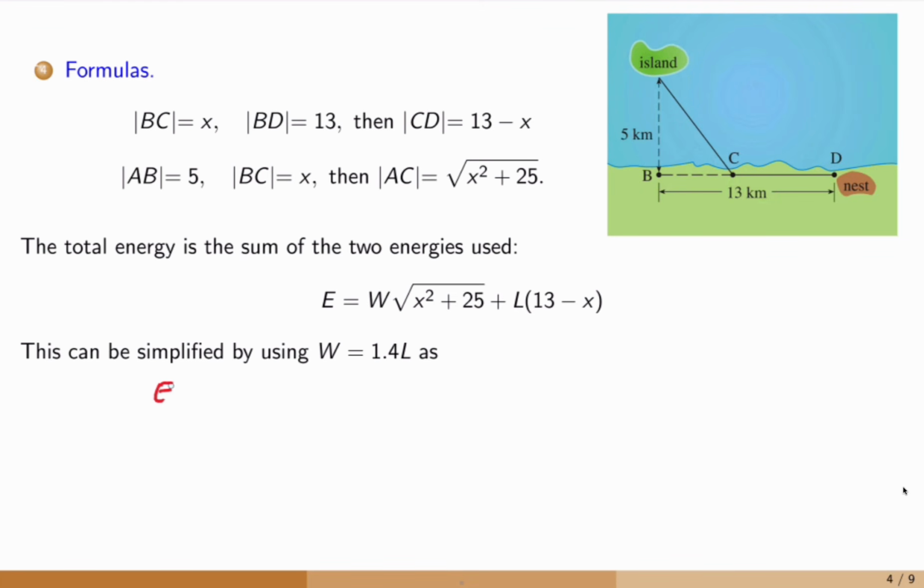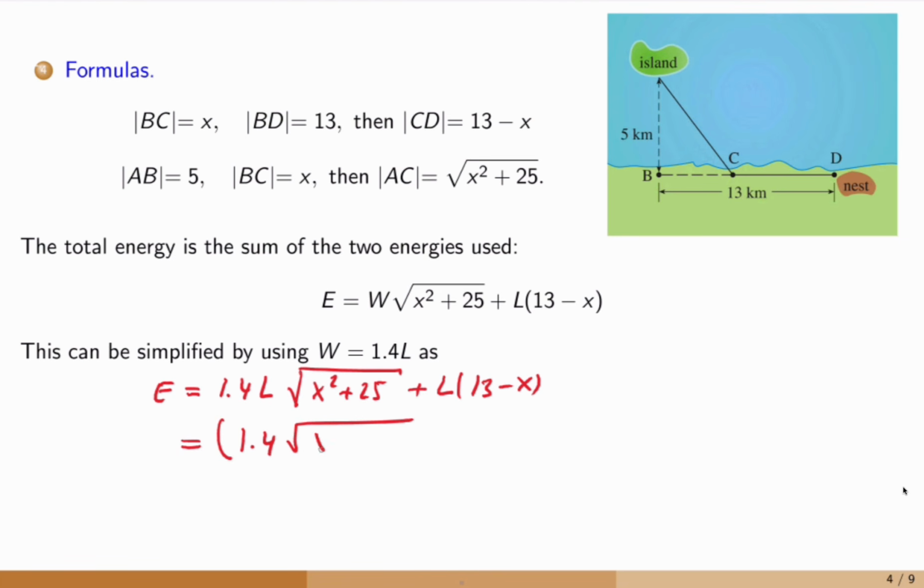Energy is, W is 1.4 times L, square root of x squared plus 25, plus L times 13 minus x, and then we can factor out an L, and we get 1.4 square root of x squared plus 25 plus 13 minus x, and all this times L. So we don't know what L is, but we will see we don't even need to know what L is to optimize this problem.